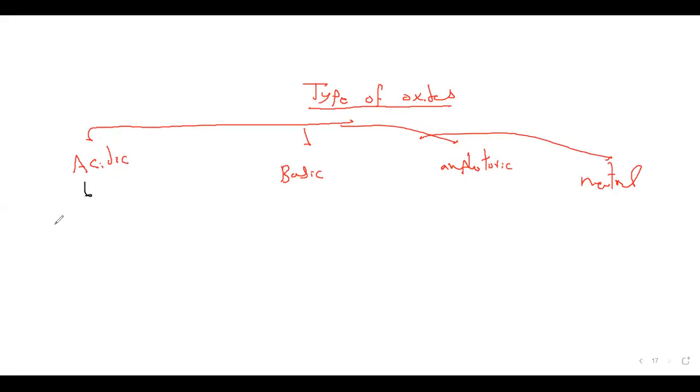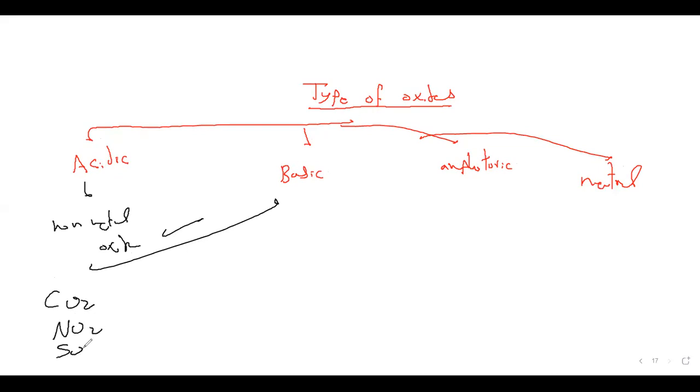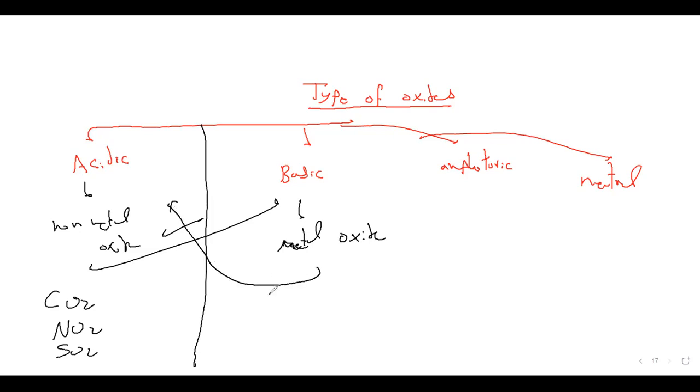Acidic oxides are non-metal oxides and react with a base, like carbon dioxide, nitrogen dioxide, sulfur dioxide. Basic oxides are metal oxides which react with acids, like sodium oxide, magnesium oxide.